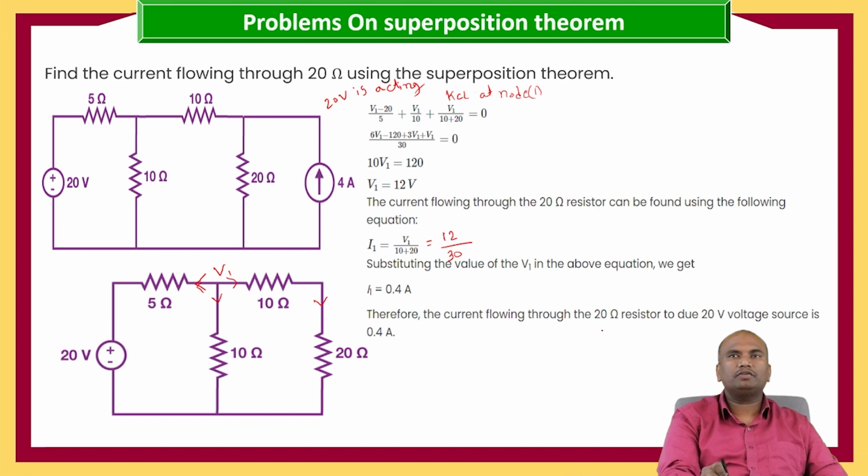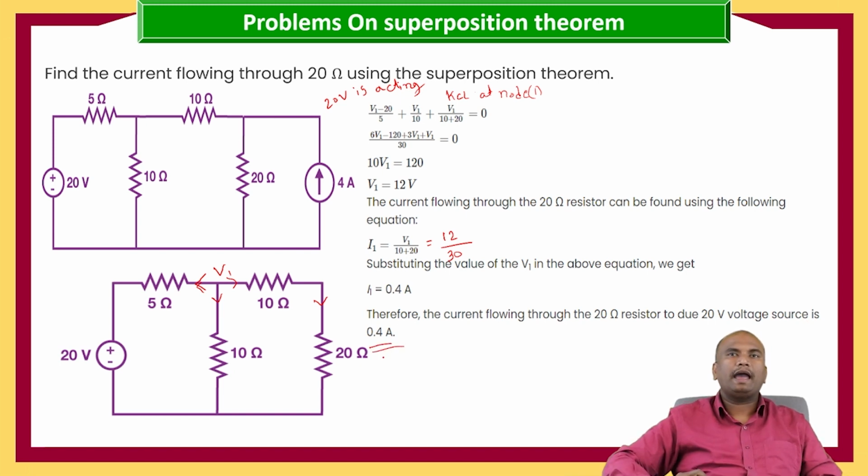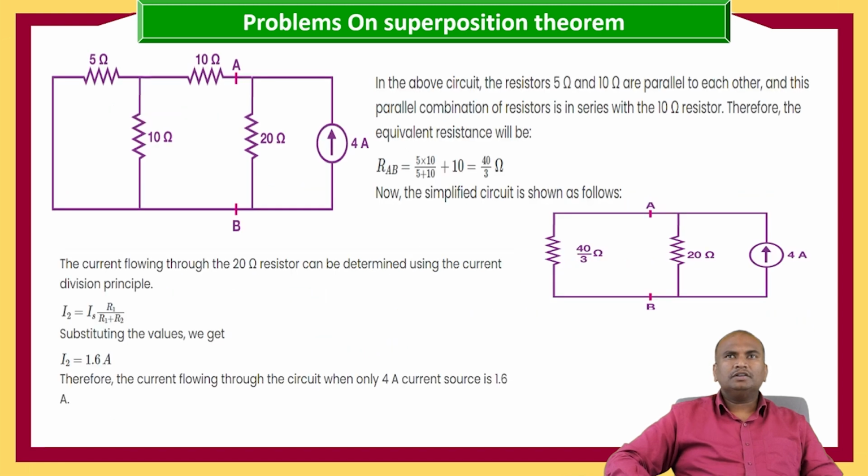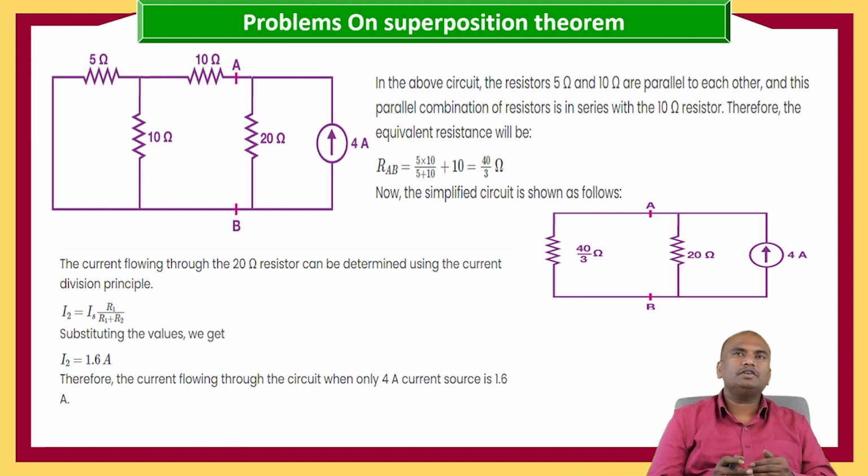So the current flowing through the 20 ohm resistance due to the 20 volt source acting is 0.4 amperes. Now we got the current because of the 20 volt source. Now we need to calculate the current flowing through 20 ohms because of the 4 ampere current source.